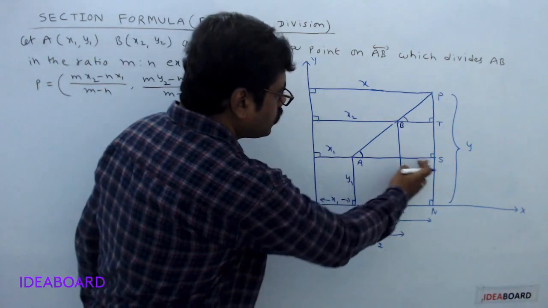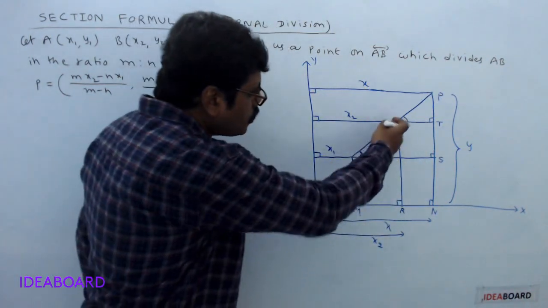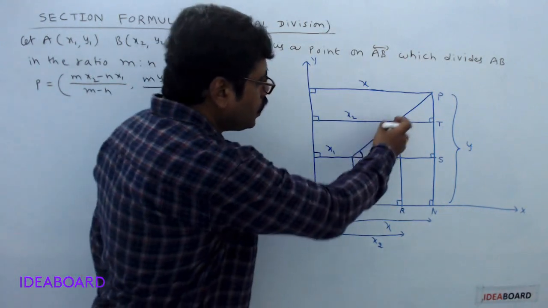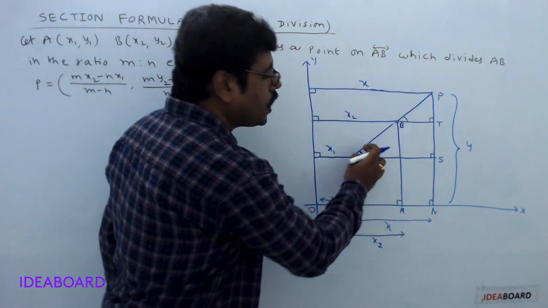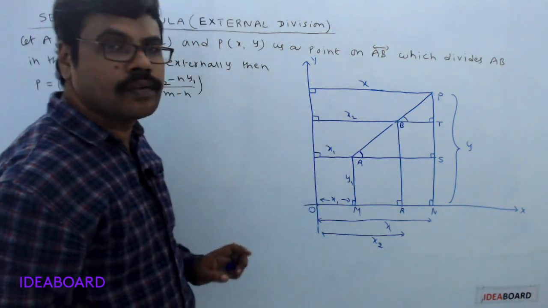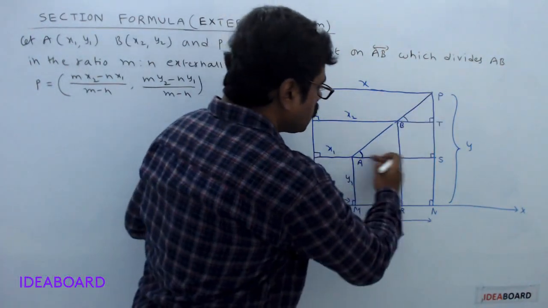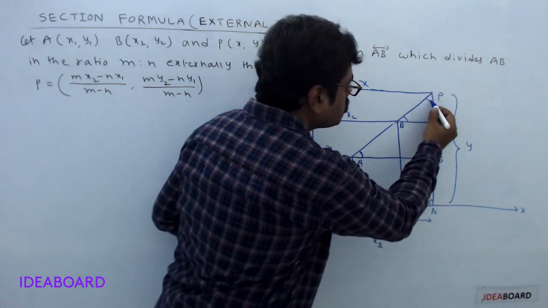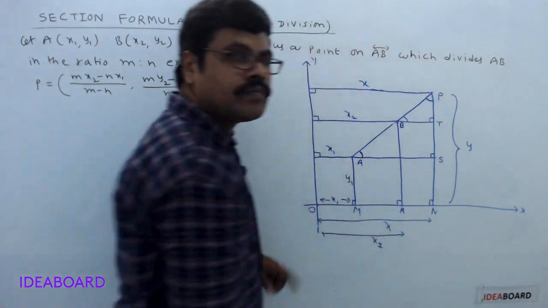So this line and this line are parallel, so this line acts as a transversal. We know that in a transversal, corresponding angles are equal. So this angle and this angle are equal. Now in this triangle and in this triangle, this angle is the common angle.